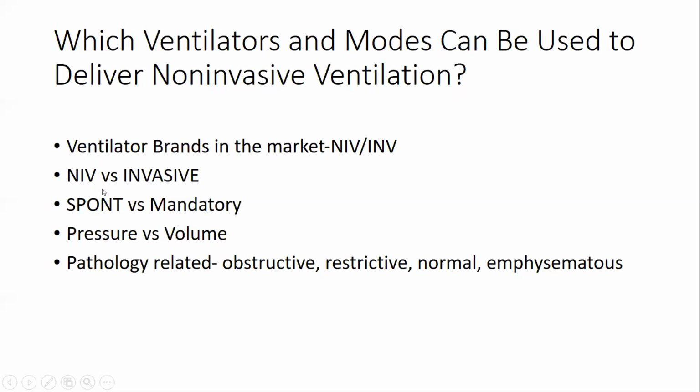What I have noted though with the COVID patients, they require a more invasive form of NIV. And in this case, they tend to require both PIP and a pressure support. And with that, there are different modes that you can pick.